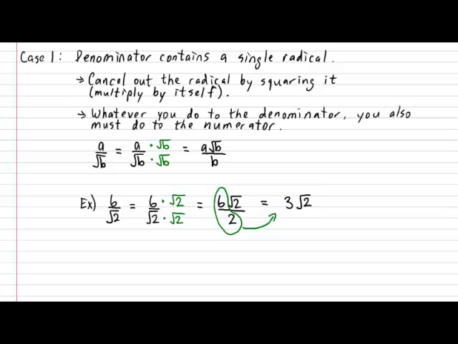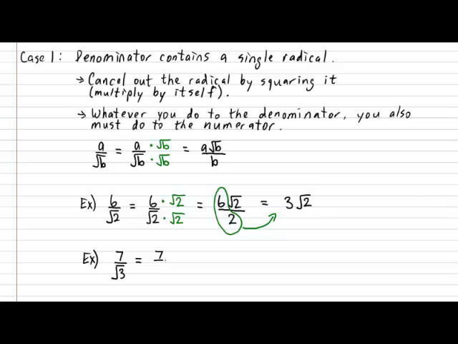Alright, now it's your turn to try one on your own. For example, I would like you to rationalize the following. How about 7 over root 3? Go ahead, pause the video and try this one on your own. Alright, let's see how you guys did. So, I'm going to multiply everything by root 3.